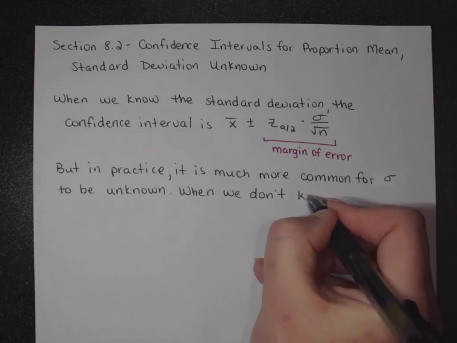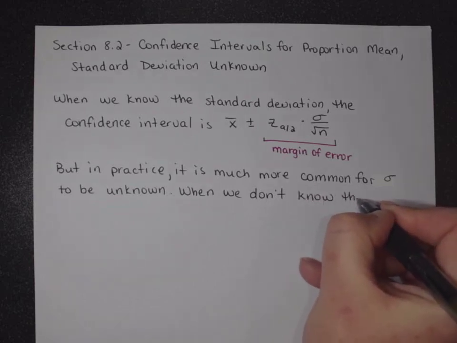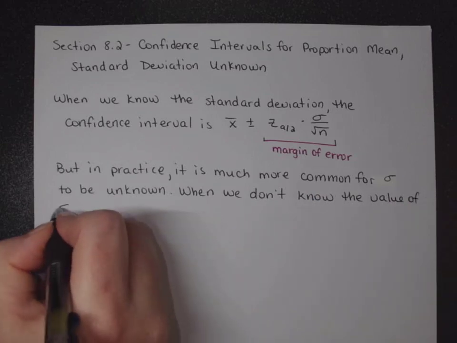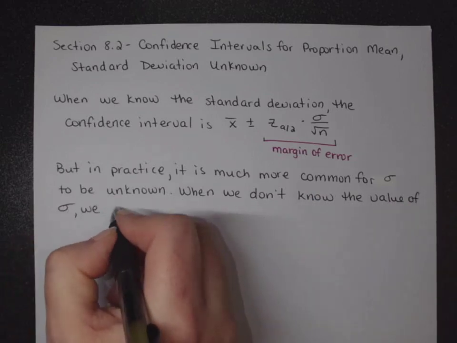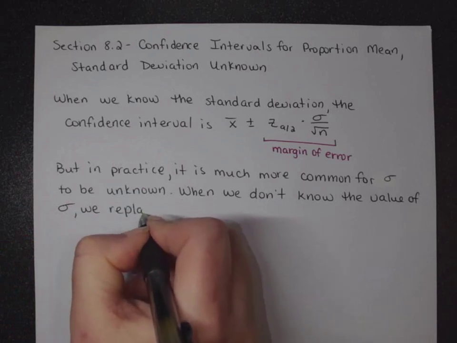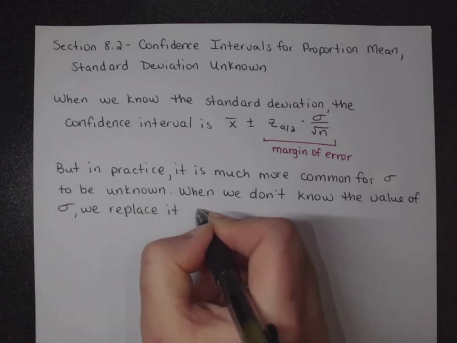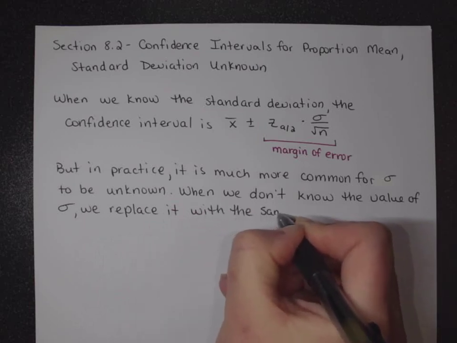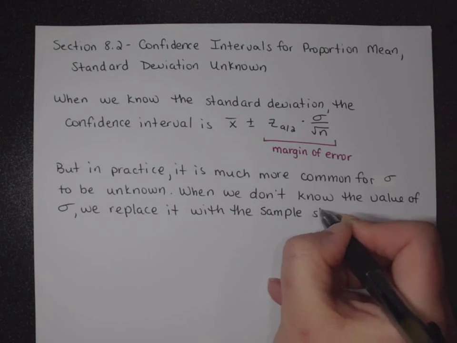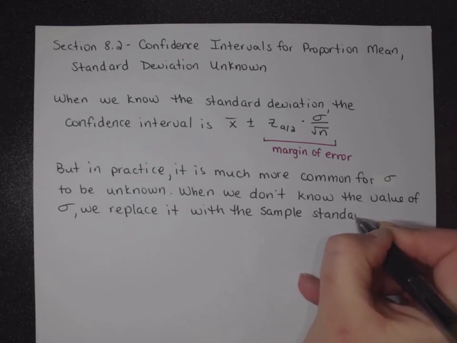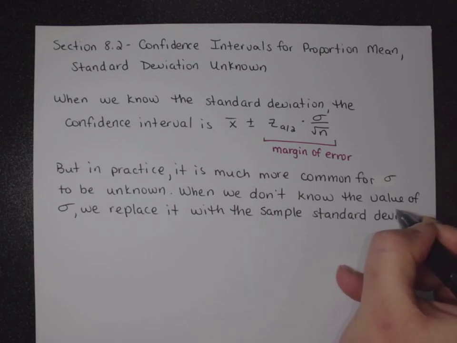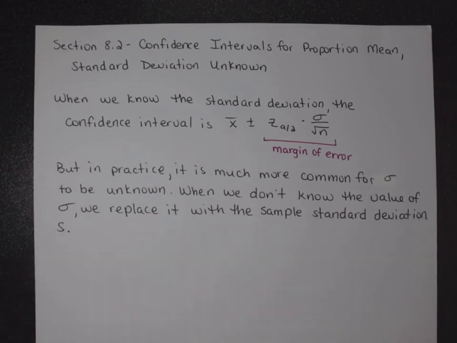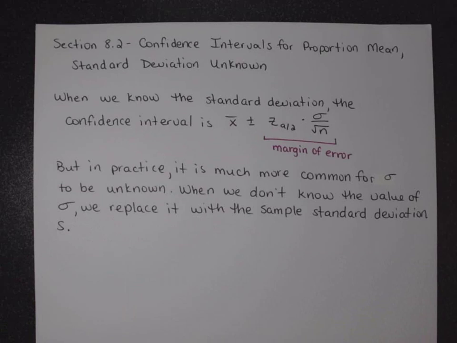So when we don't know the value of sigma, we instead replace it with a value that's easier to find, which is the sample standard deviation. But not surprisingly, that's not going to be as accurate because it's the sample standard deviation instead of the whole standard deviation. And remember, we call the sample standard deviation S, whereas the population standard deviation was sigma.